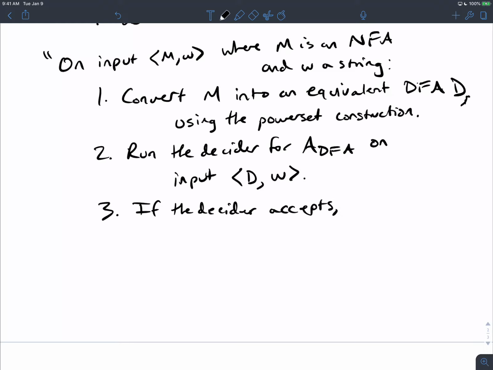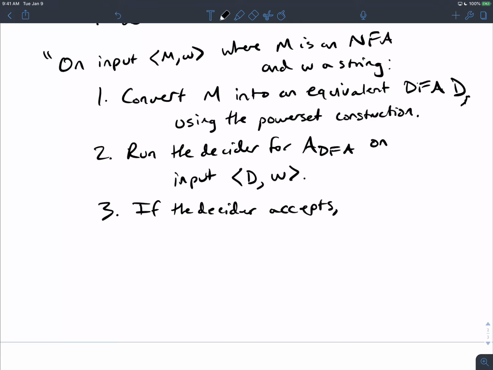well, now we got to think a little bit indirectly. So if the decider actually said yes, the DFA said yes on this input W, now we've got to make the answer of whether the NFA accepted the input W. What should we say here, accept or reject?